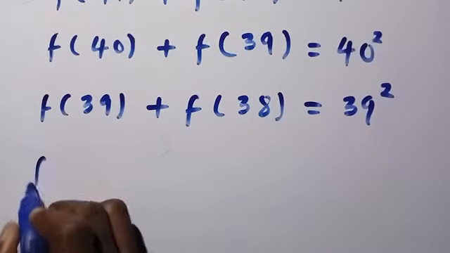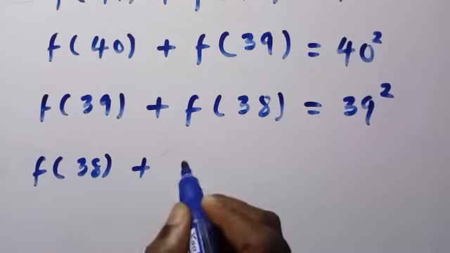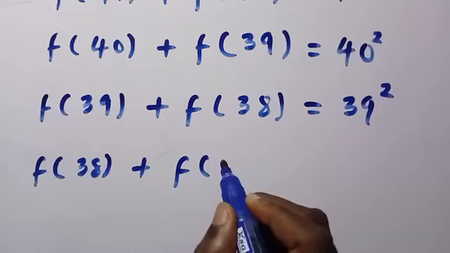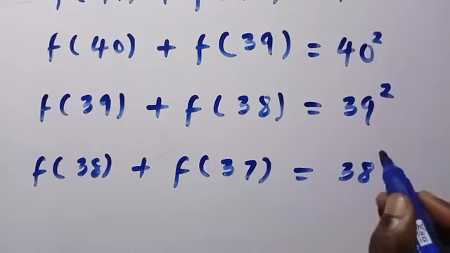Let's keep repeating this process. We have f(38) + f(37) = 38².